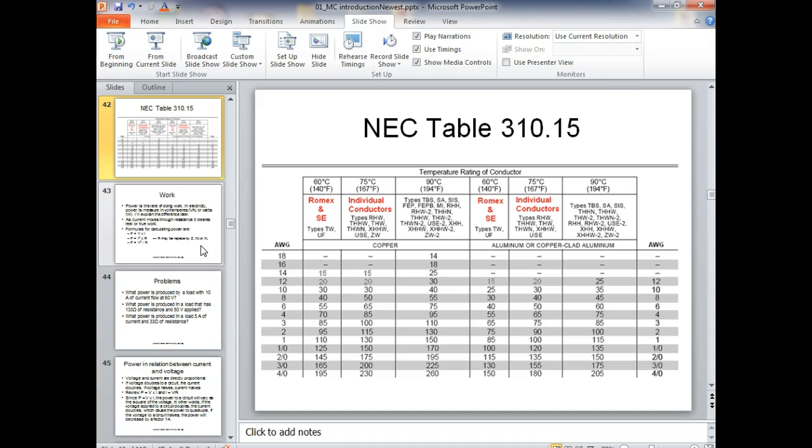What NEC has done is took all considerations into account, and derate means to decrease by a certain percentage, and they've derated these, so you shouldn't have any problem in a residential or commercial installation using these. But if you look at the National Electrical Code, it gives you what we call derating factors if you run into extenuating circumstances.